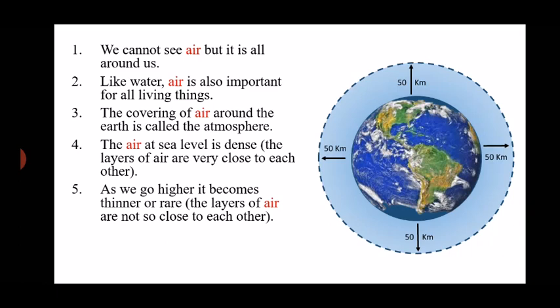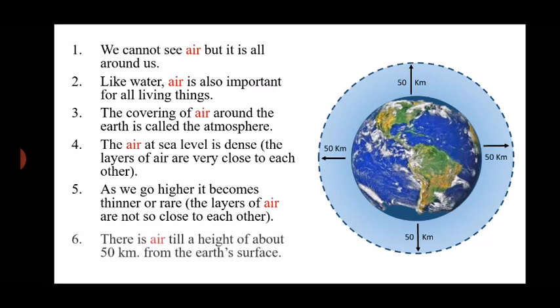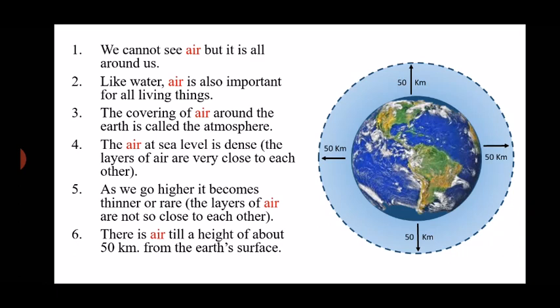As we go away from the earth, the layers of air become thinner. The air at height is rare. Rare means the layers of air are far from each other. There, the layers of air are not so close to each other.